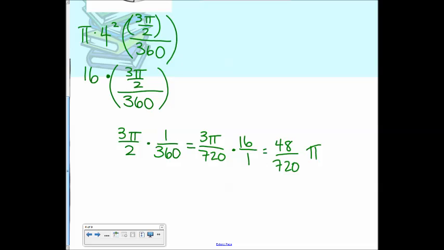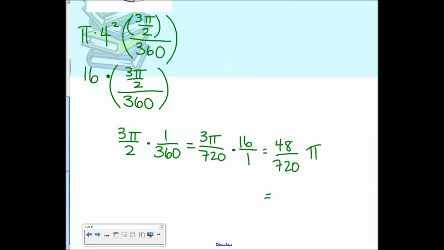I would start by doing 3 pi over 2, and then divide by 360, and then multiply that times 16, and then that times pi. What did you get? It's like 0.013. And then did you multiply that times 16? Yeah, multiply that times 16 because that's your r squared, and then multiply that times pi. But that should be right. It should be a pretty small number.